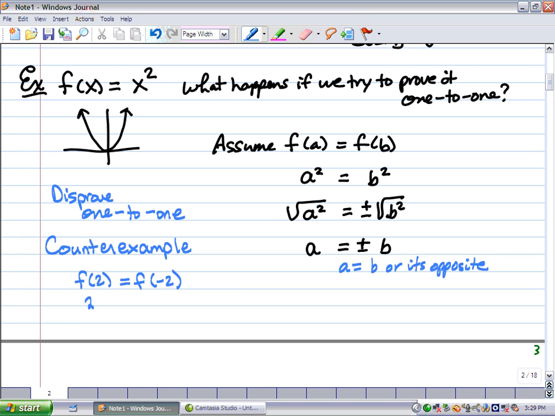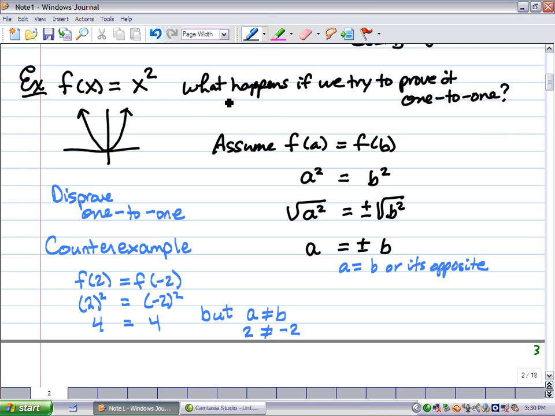Because what is f of 2? 2 squared and negative 2 squared. 4 equals 4, but remember the opposite of a true if-then statement is the if without the then, so f of a equals f of b, but a is not necessarily equal to b. It may happen to be, but it doesn't have to be. So 2 is not equal to negative 2 in this counterexample.